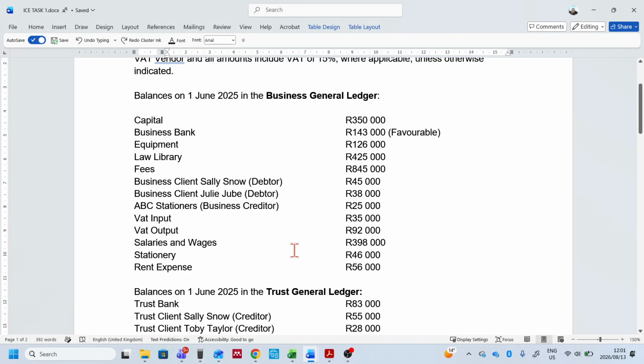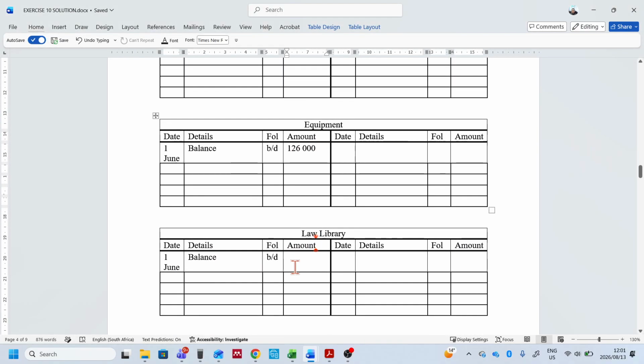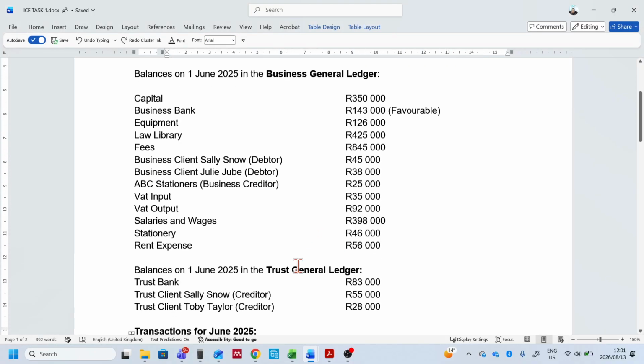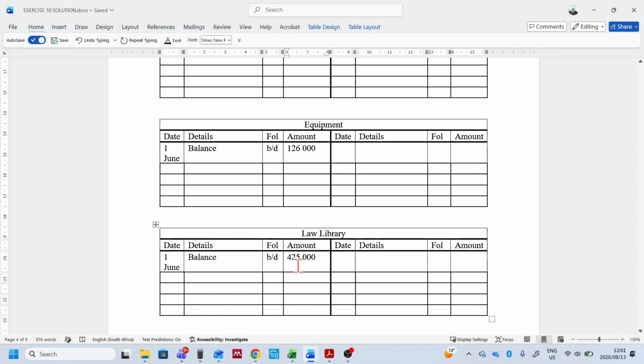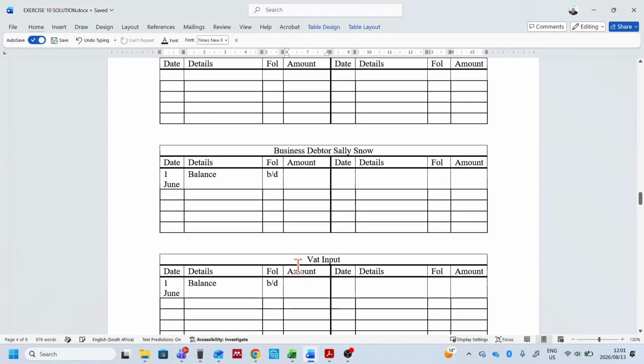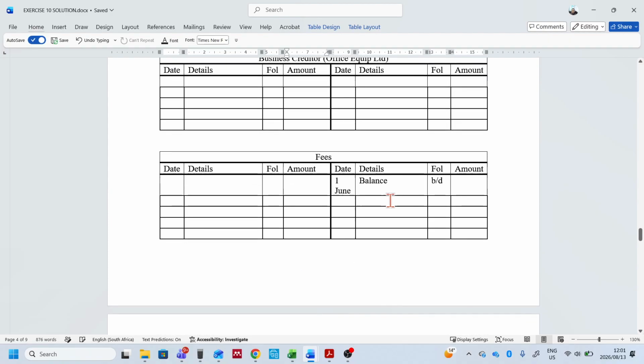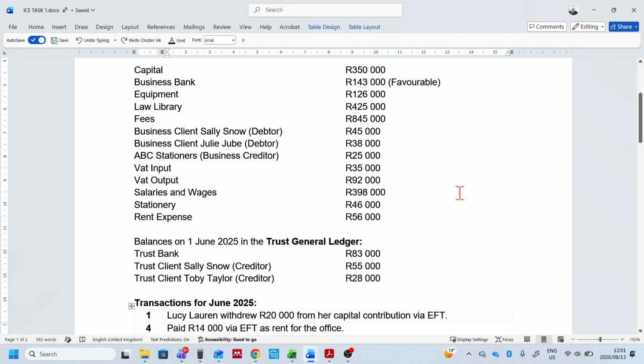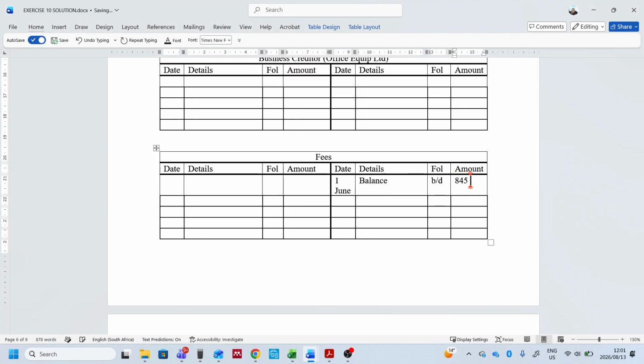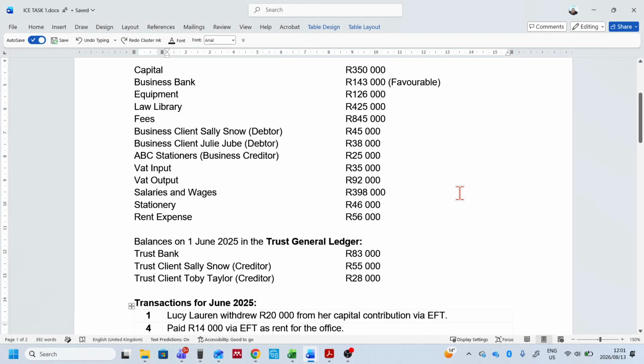So law library, it's an asset. So we have got 425,000. Fees, let's go and look for fees. Fees account, it's an income account, so that's a credit side, 845,000.